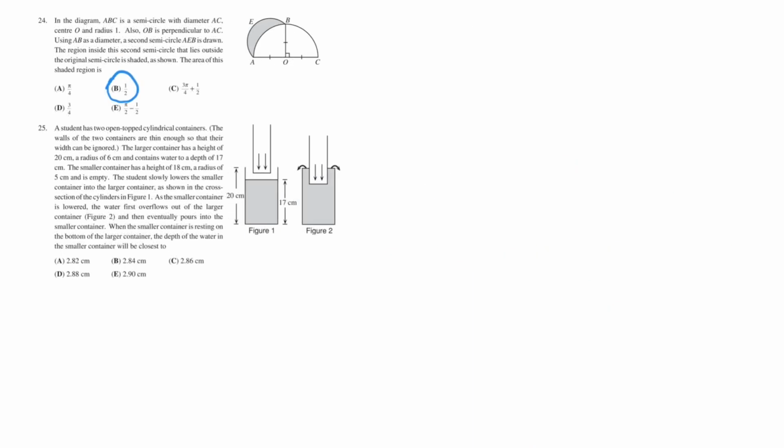Number 25. A student has 2 open-topped cylindrical containers. The walls of the 2 containers are thin enough so that their width can be ignored. The larger container has a height of 20 cm, a radius of 6 centimeters, and contains water to a depth of 17 cm. The smaller container has a height of 18 cm, a radius of 5 cm, and is empty.